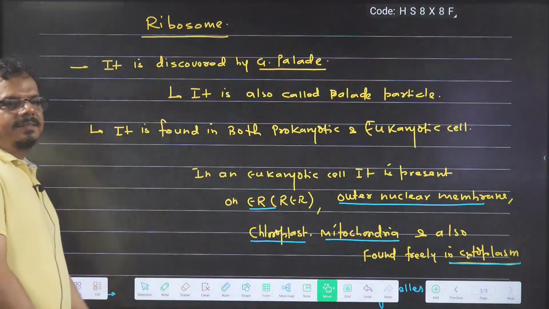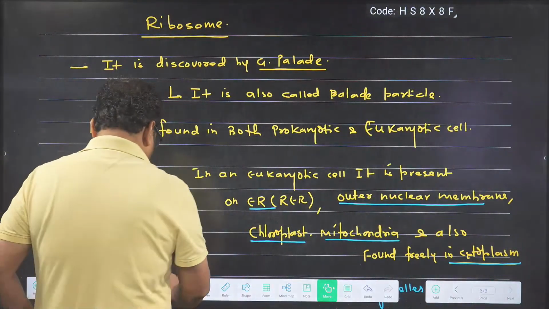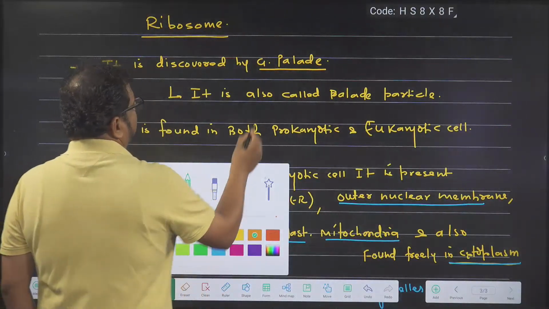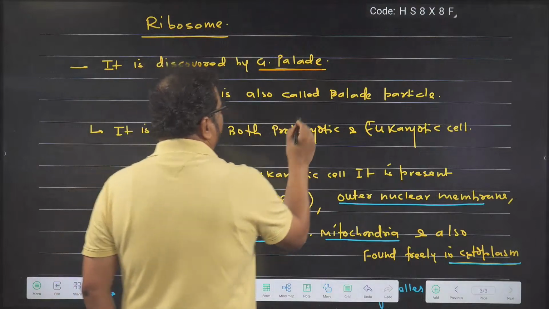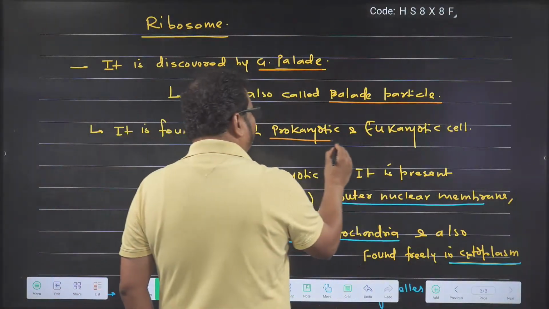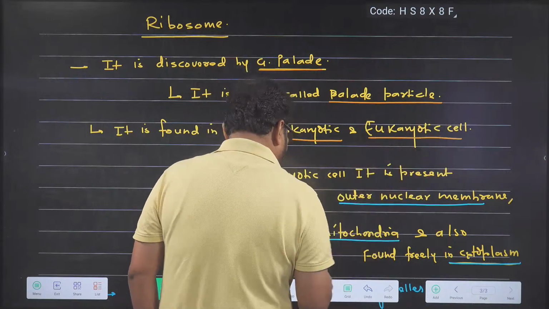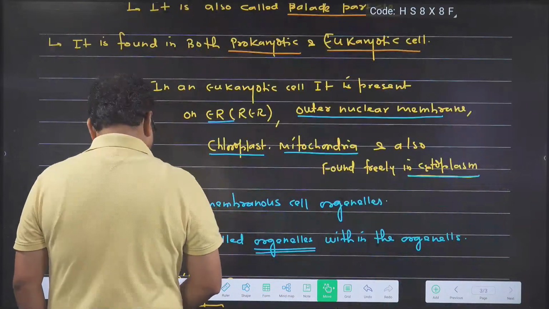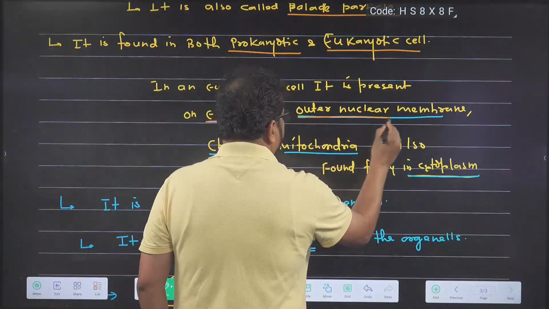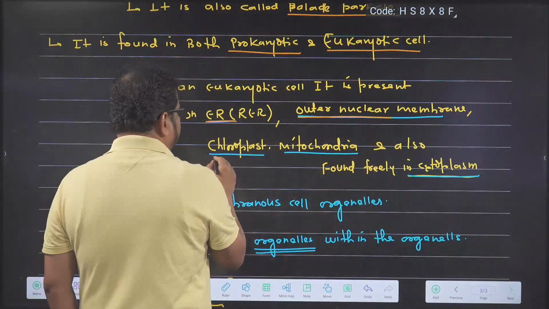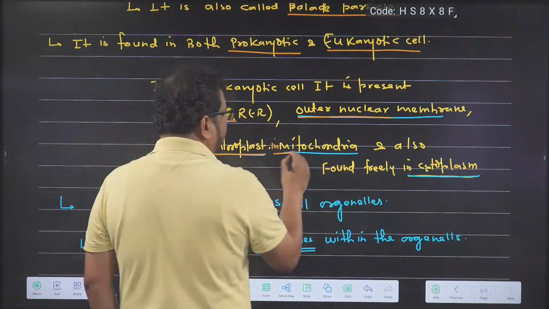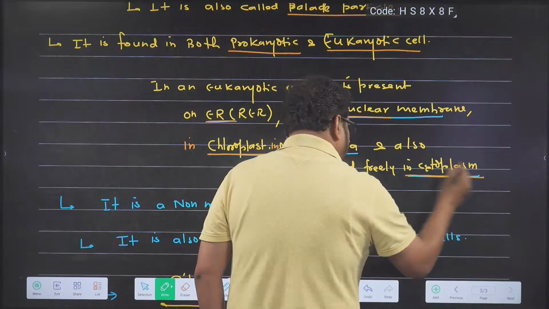So ribosome, what did I write? Recap. It was discovered by George Palade, hence in honor of him we call it Palade particle. Found in both prokaryotic and eukaryotic cells. In eukaryotes, it is present on the outer membrane of the nucleus, in chloroplast, in mitochondria, and also found freely in cytoplasm.